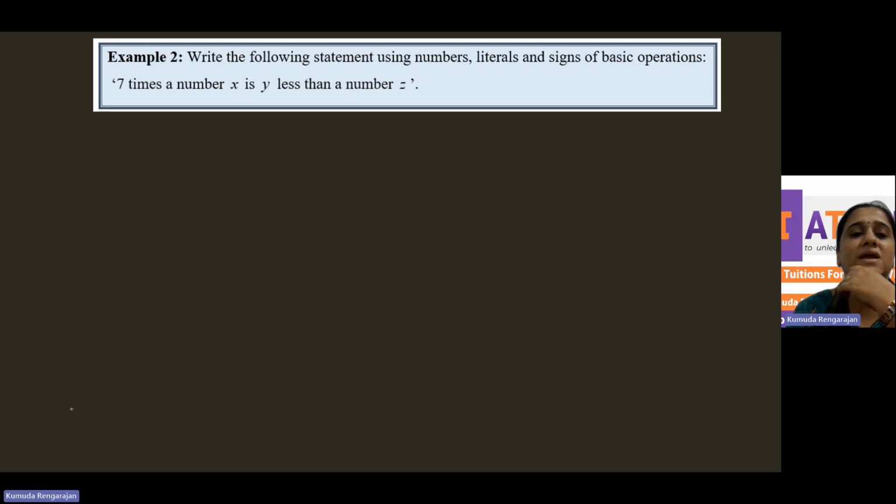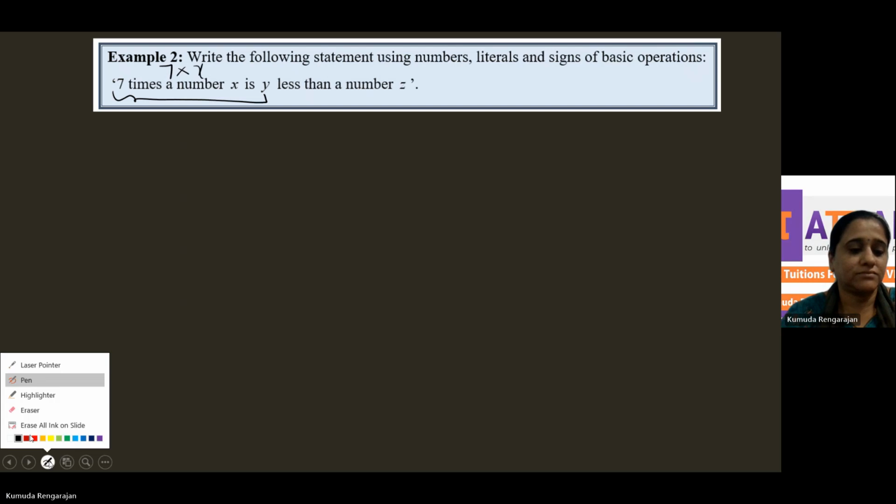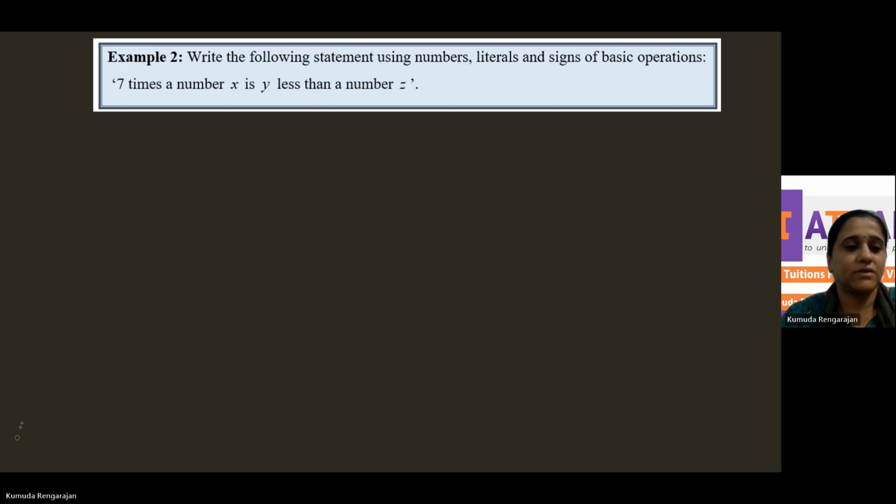What do you mean by 7 times a number x? 7 times means into. 7 times meaning 7 into x. Okay. 7 times a number x is 7 into x. And what is y less than z?